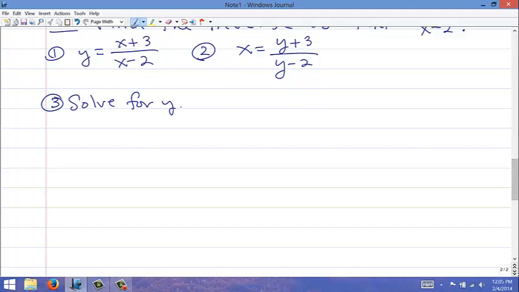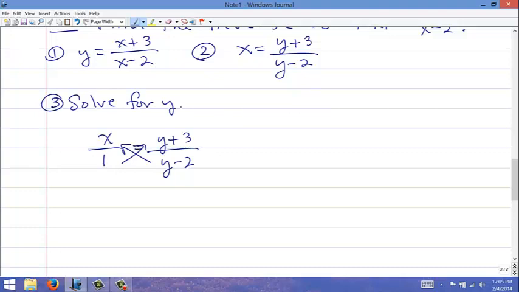So the first thing we want to do in a situation with these fractions is actually think of x as being x over 1 equals (y plus 3) over (y minus 2), and cross multiply to actually clear the fractions out.